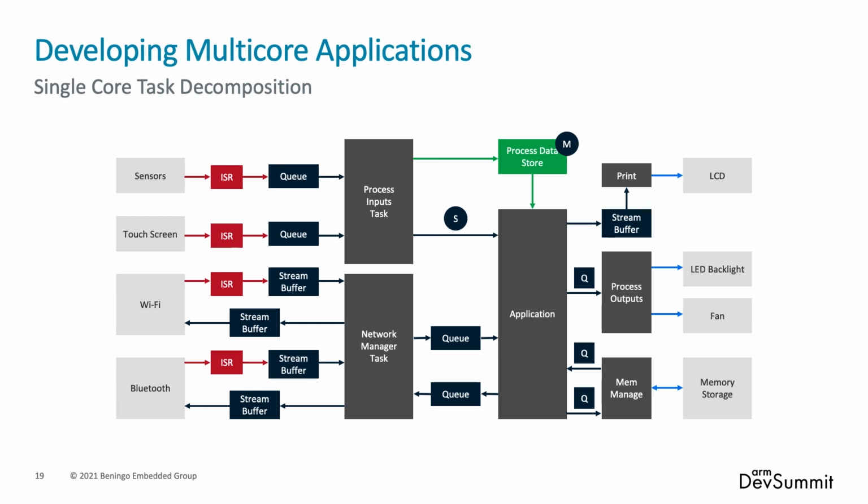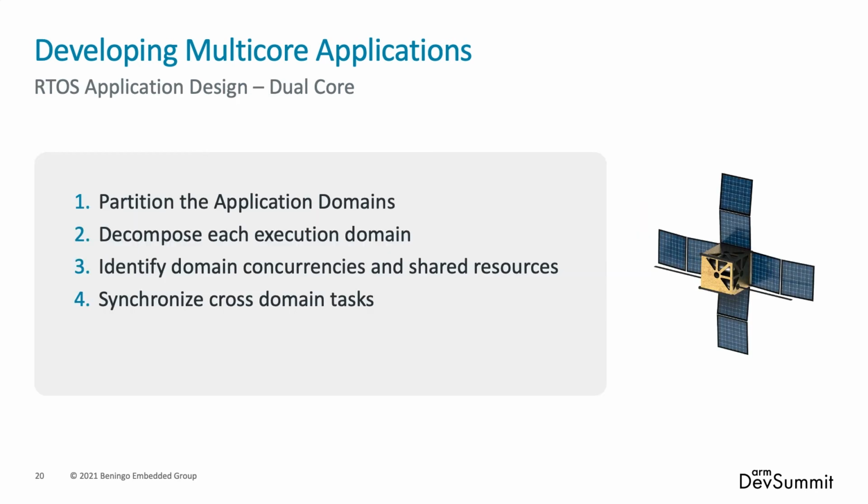Now, this is what the application might look like for a single core processor. But let's say we now have a dual core processor. Well, the decomposition process can be very similar, but it is also going to have some extra caveats. Because we have this multi-core system now, first of all, we want to partition our application into application domains.